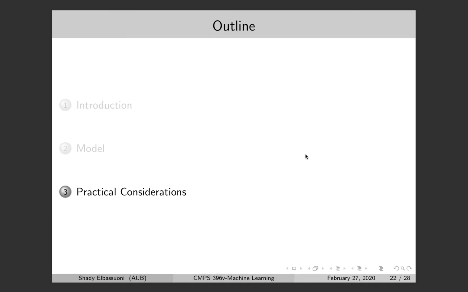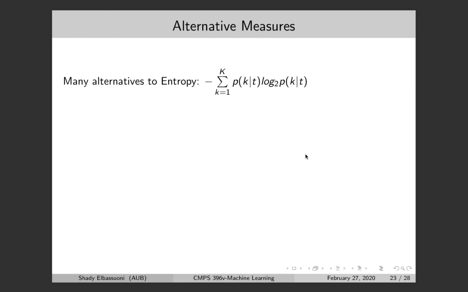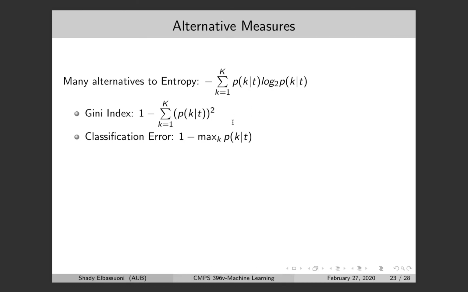Now we're going to talk about some practical considerations. There are many alternatives to entropy. So there's the Gini index, which is given by the formula shown here. There's classification error. Similarly, there are alternatives to information gain.